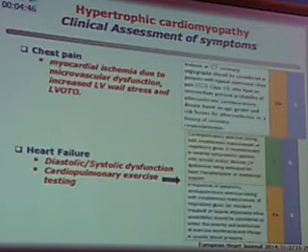But for sure, these two categories of symptoms are very important: chest pain and heart failure, and in many cases you have to continue and fulfill the whole spectrum of diagnostic analysis.